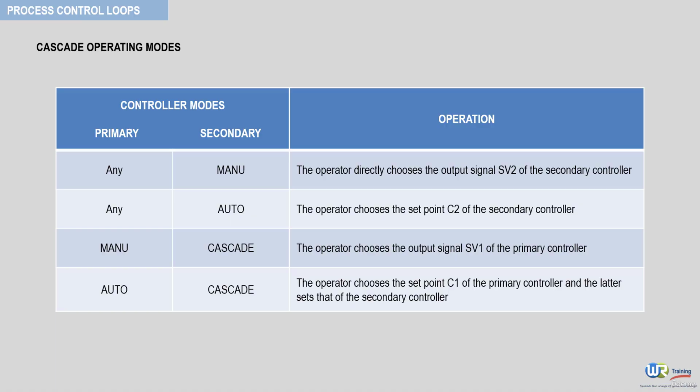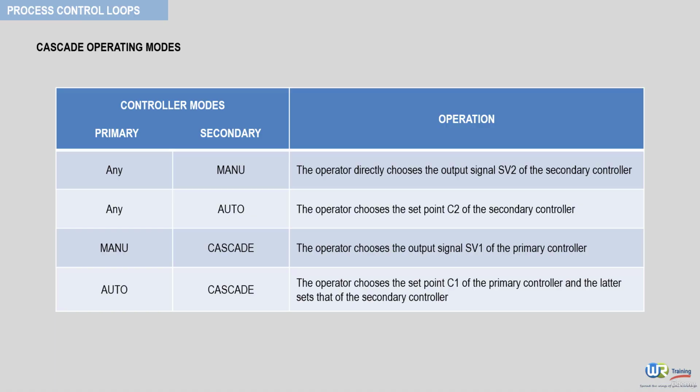When the primary controller is set on manual or on auto, and the secondary controller is set on manual, then the operator directly chooses the output signal of the secondary controller. In case the secondary controller is set on auto, then the operator chooses the set point of the secondary controller.